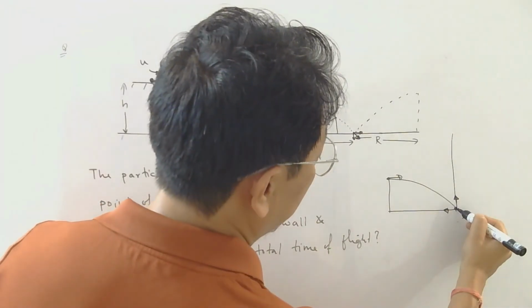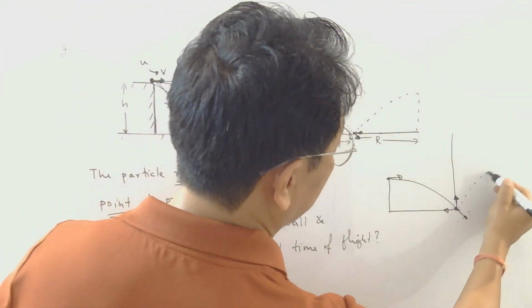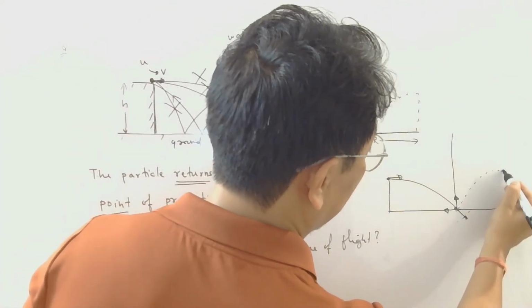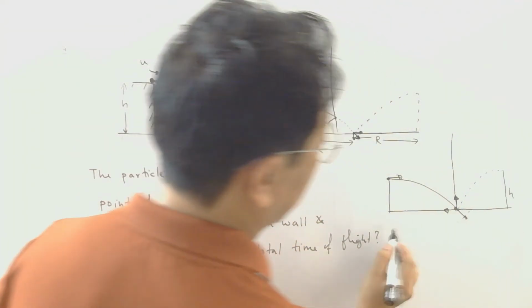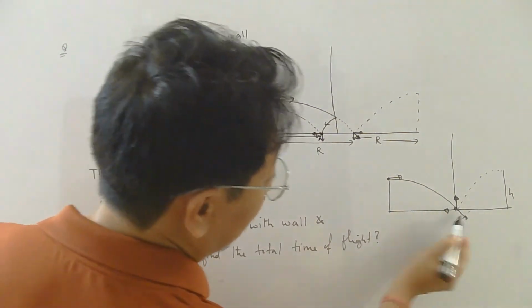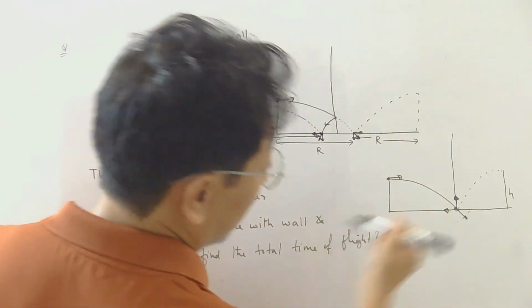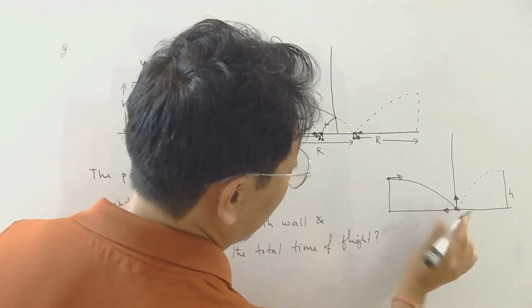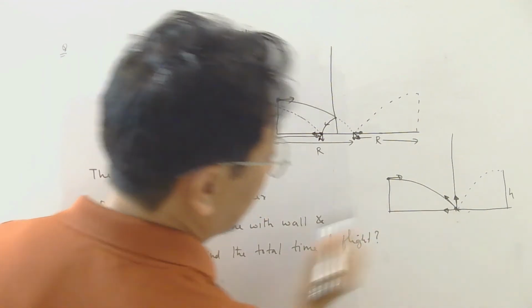Therefore, it was supposed to travel this way. If there was no wall, it would have traveled this way, same height and same range. But now because this floor is there and this wall is there, this velocity is reversed here due to the wall. So the resultant velocity will be here.